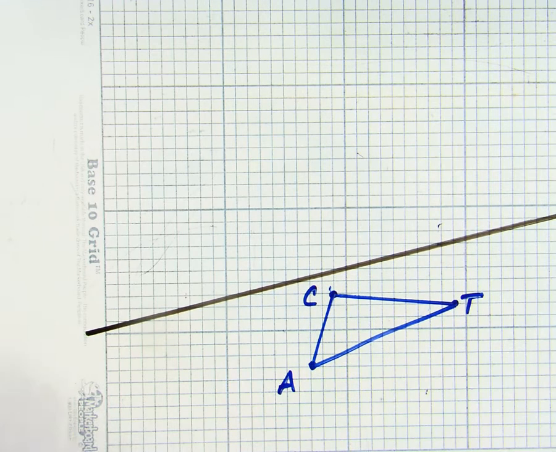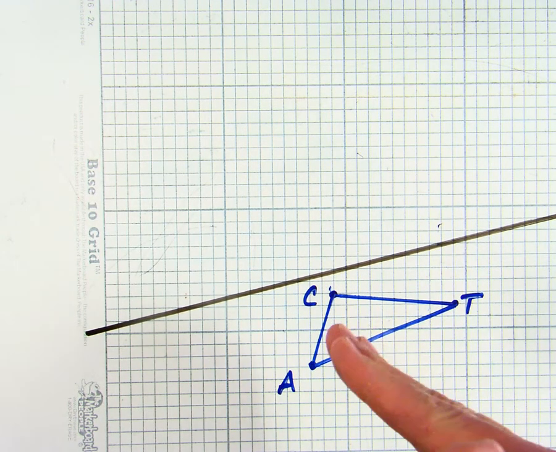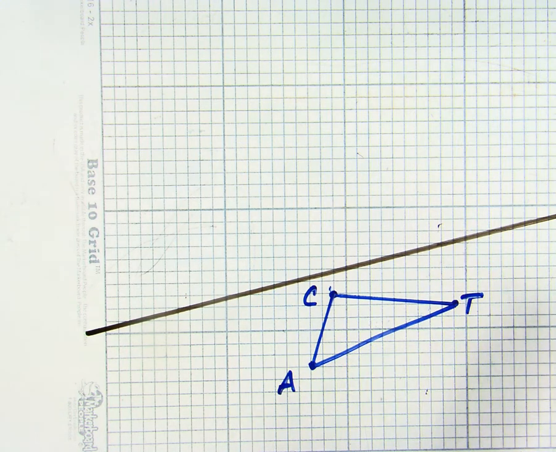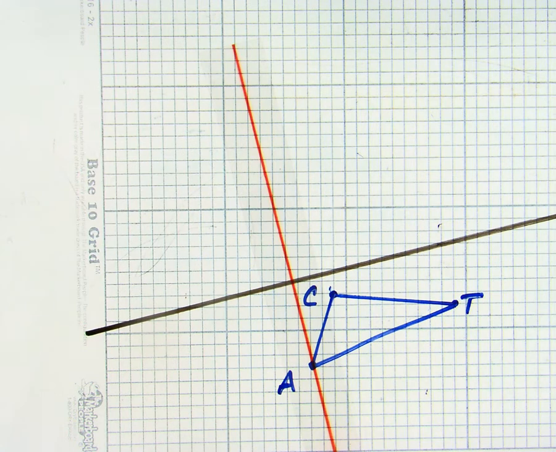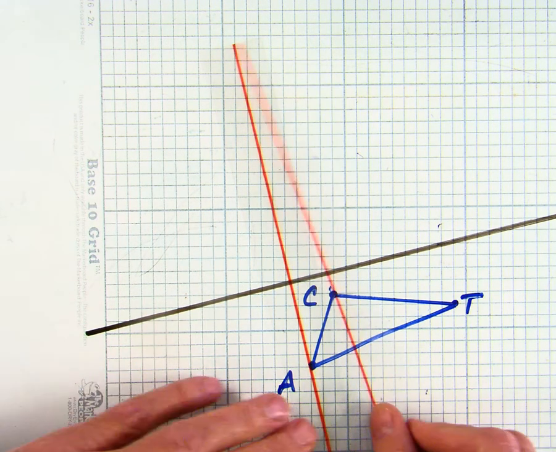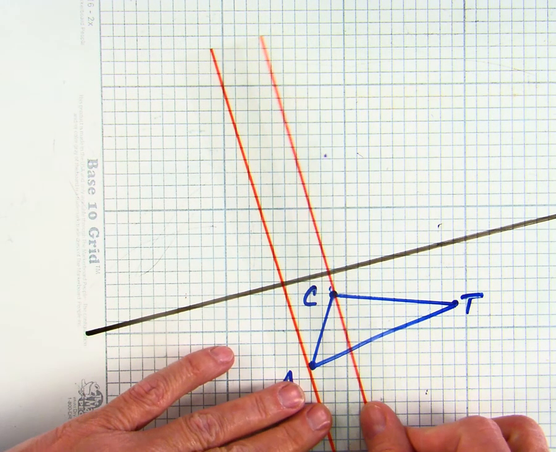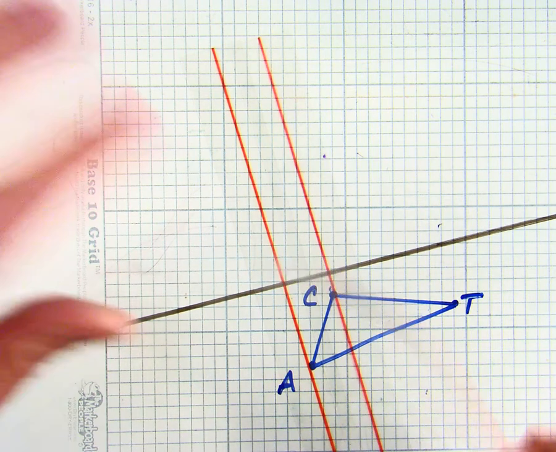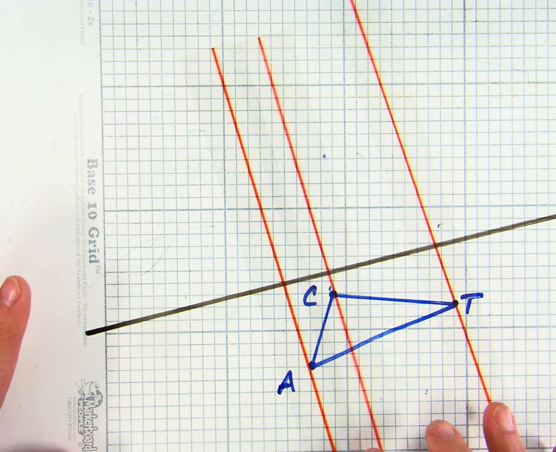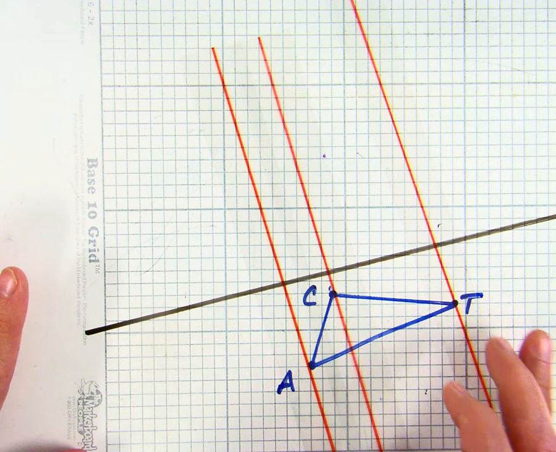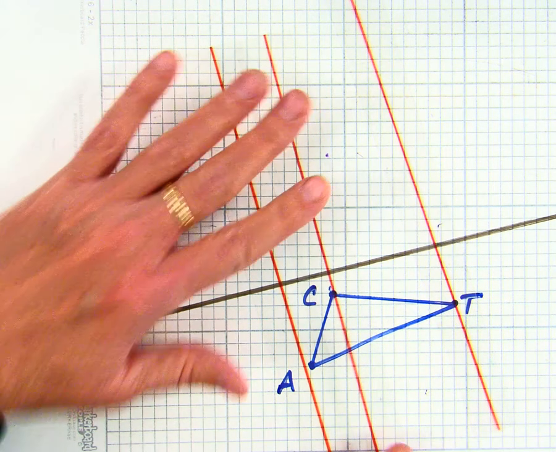Now reflect triangle cat over the line. Now notice we don't have the handy perpendiculars that we had before. The line of sight is still going to have to be perpendicular to the mirror. Here's the mirror line. The lines of sight from each individual vertex to the mirror have to be perpendicular.